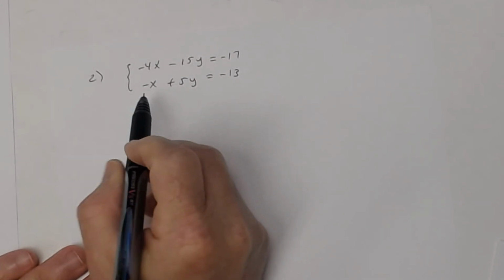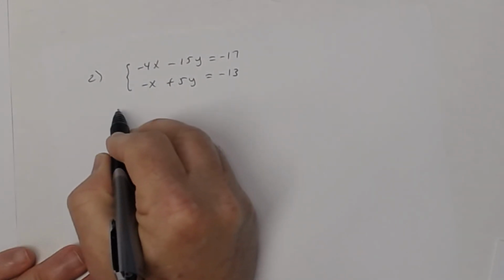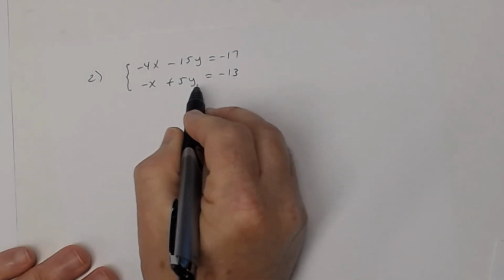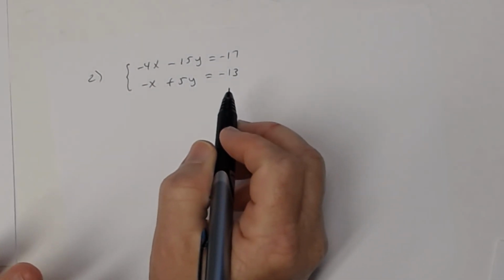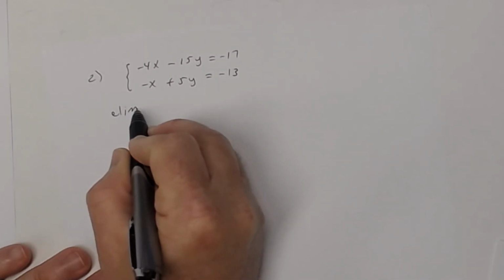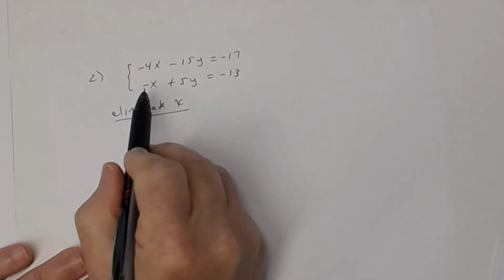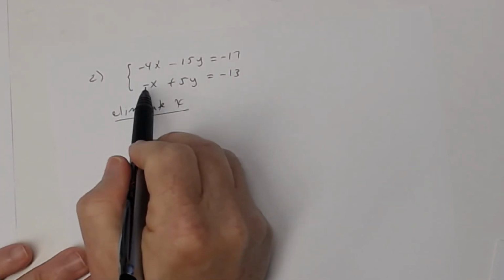So let's suppose someone wants to eliminate the x. Now someone could have eliminated the y's. It does not matter, either the x or the y's. So let's go ahead and eliminate the x. If I'm going to eliminate the x, then I need those coefficients to be opposites.